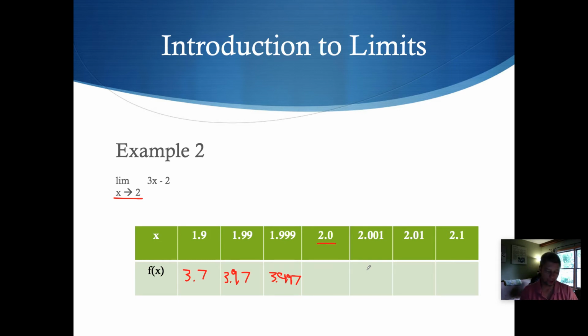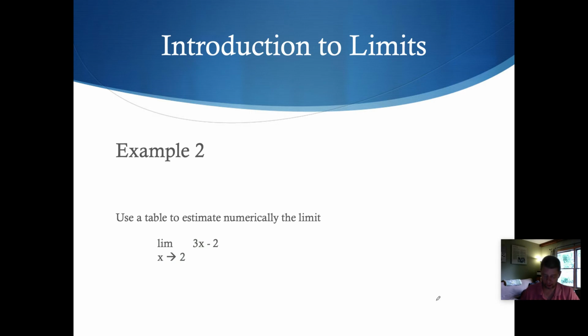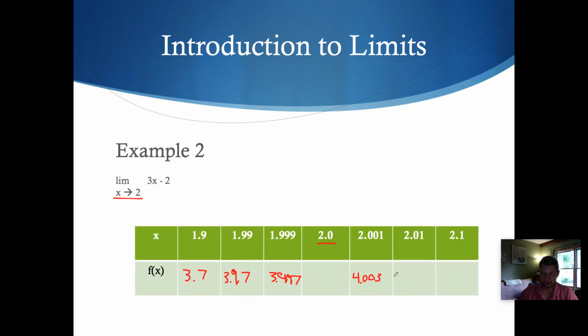So 3 times 2.001 equals 6.003 minus 2 is 4.003. Darn close to 4. 3 times 2.01 equals 6.03 minus 2 is 4.03.